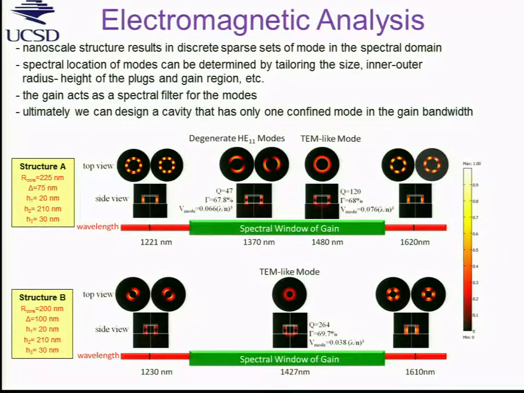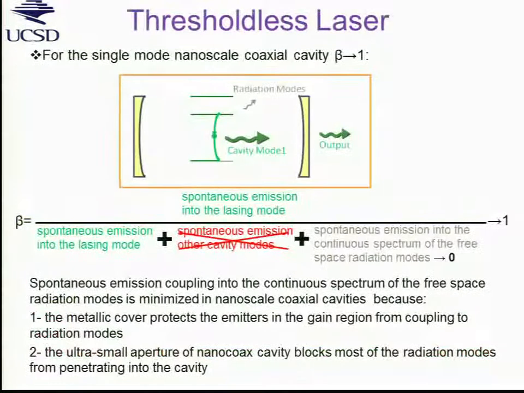They're not much different in scale, but the sizes are adjusted such that the degenerate mode is pushed away from the spectral window of the gain. So now in structure B we have only one choice. Anything emitted goes into this TEM-like mode. So here are a couple of reasons why you want to do it.